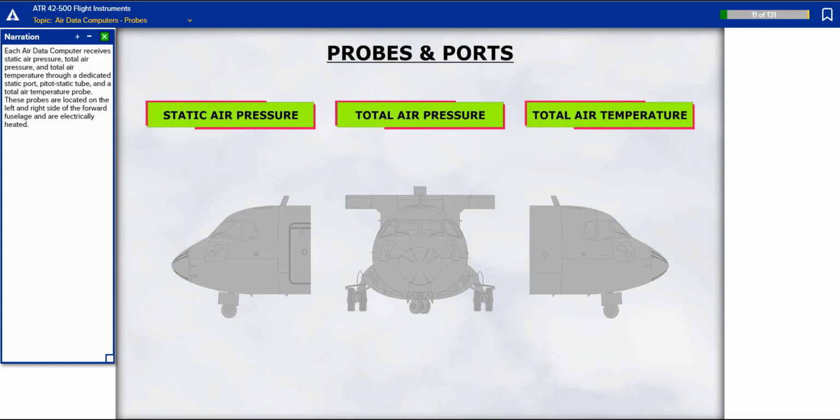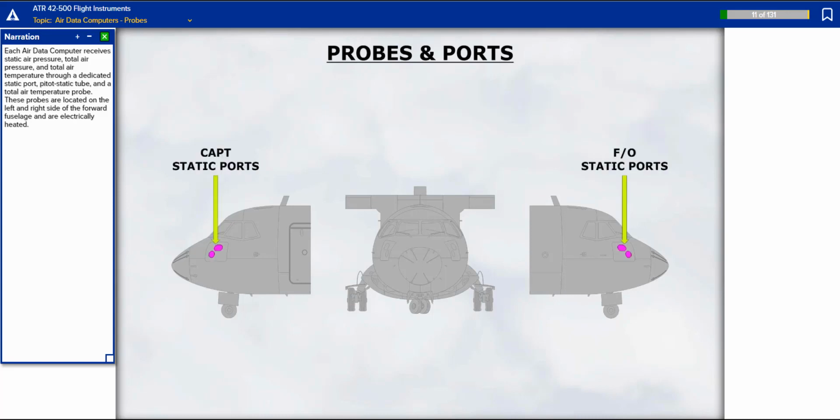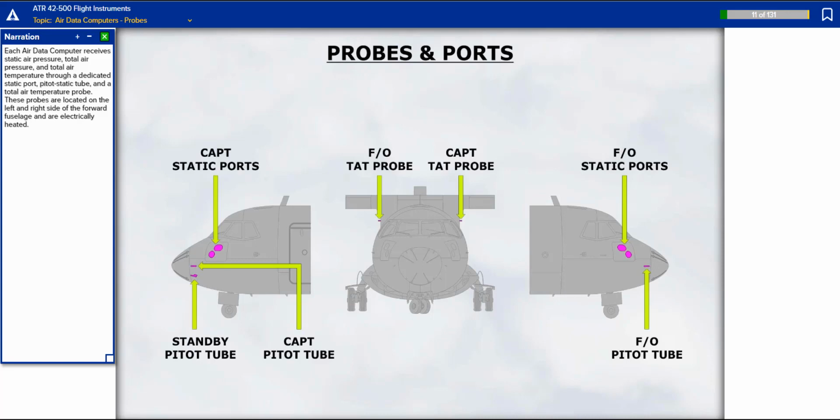Each air data computer receives static air pressure, total air pressure, and total air temperature through a dedicated static port, pitot static tube, and total air temperature probe. These probes are located on the left and right side of the forward fuselage and are electrically heated.